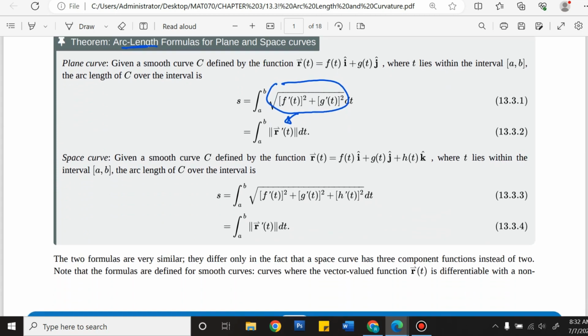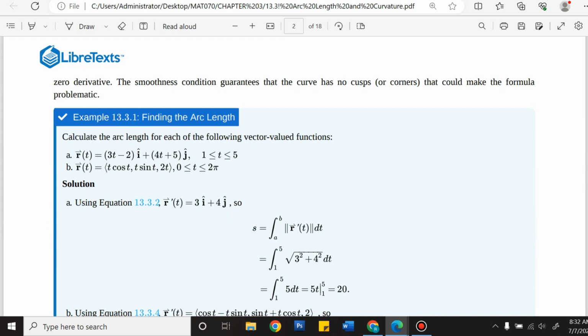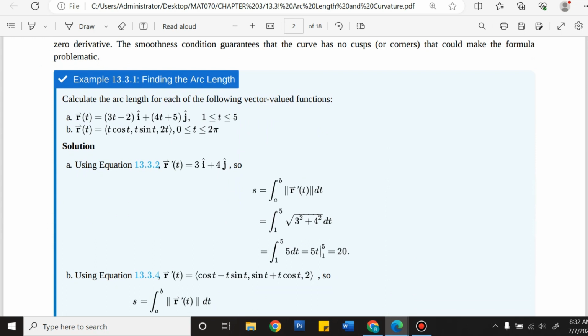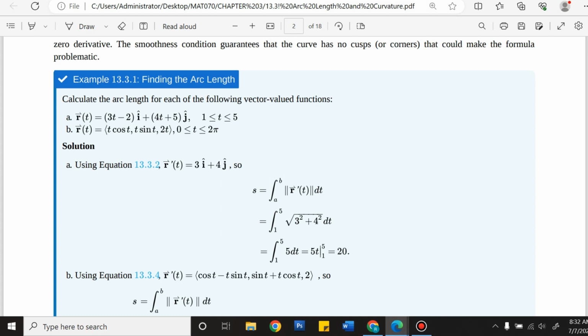Okay. So now let's have this example. We calculate the arc length of each of the following vector valued functions. Okay, so we have the integral of, your limits here are 1 and 5.